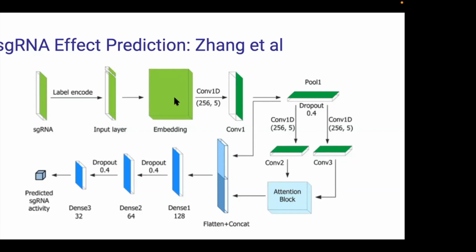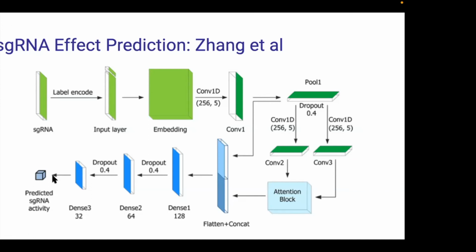It gets given as the input layer and produces embeddings, a vector. Then it gets passed into a convolution layer, and then we have two different convolution layers which are identical and both get passed into the attention block. And I suppose we get the predicted sgRNA activity at the end.